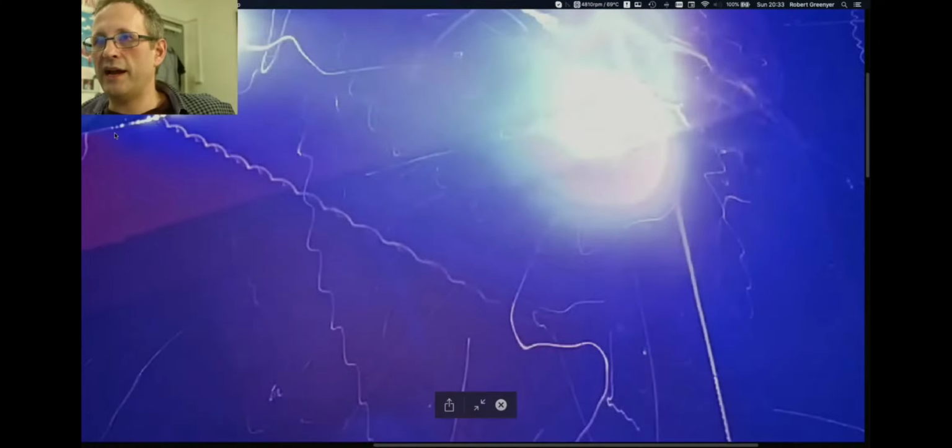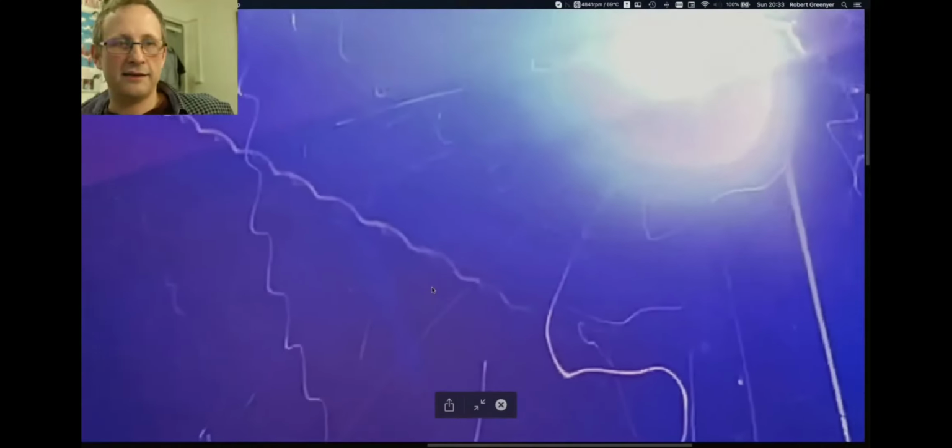Then there is this track. Now actually the direction of this track, and let me get this all in frame, is from over here, down in the bottom right, and it's coming towards the anode. Now, one might think it's coming towards where the anode is in the foreground.